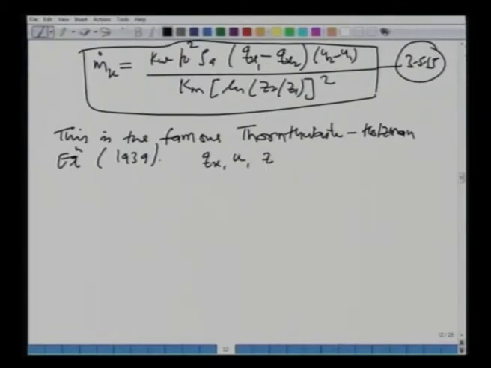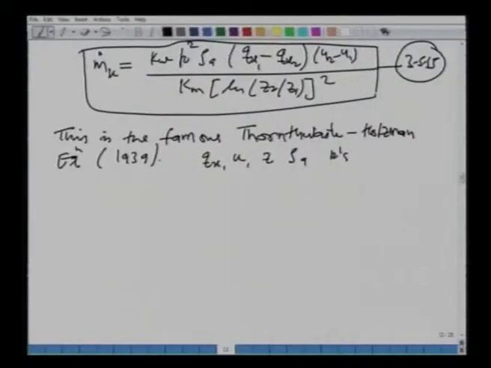Also, we need to know rho a and various k's, different types of k's. So, there are lots of measurements to be taken or lots of coefficients to be estimated. Now, what we do is look at certain simplifications of this Thornthwaite Holzmann equation.